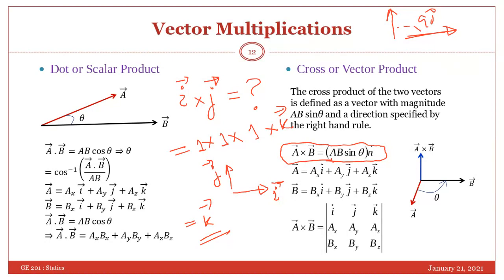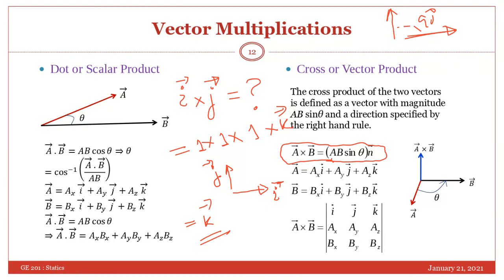This is the positive z direction, because the direction away from your face is negative z, and the direction towards your face is positive z. So in the positive z direction, the unit vector is small k. So here I have put small k in place of vector n. Is it clear now? Yes, thank you.